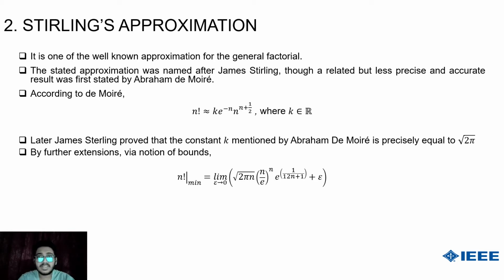So this was a very good thing by Stirling. By notions of bound, we could say that the minimality that the general factorial can attain will be the limit as epsilon tends to 0, square root of 2 pi n upon e raised to the power of n, times e raised to the power of 1 upon 12 n plus 1 plus epsilon. And this epsilon just tends to 0.